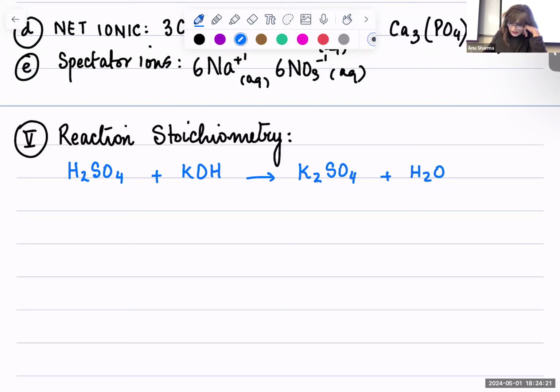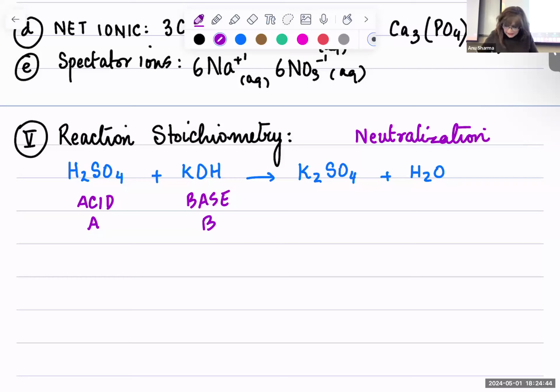So first of all, this is the acid. H2SO4 is the acid, which I'm going to call A, and KOH is the base, which I'm going to call B. All right. So this is a neutralization reaction. A neutralization reaction is where an acid and a base react to give salt and water.